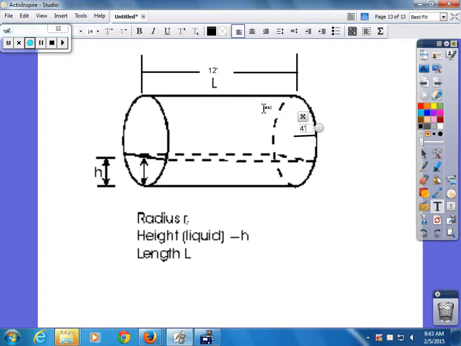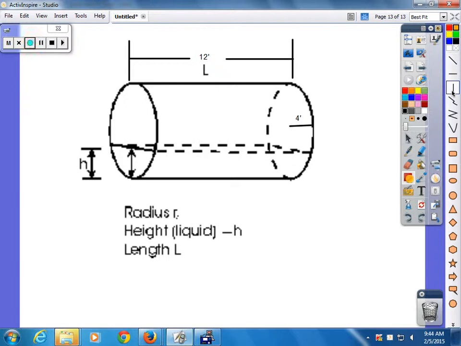And it has a pipe coming out of it. Now remember, the plunger can't go through the pipe, so you've got to take that into effect. Let's go with a pipe that looks like this.